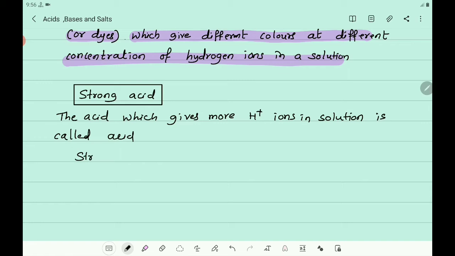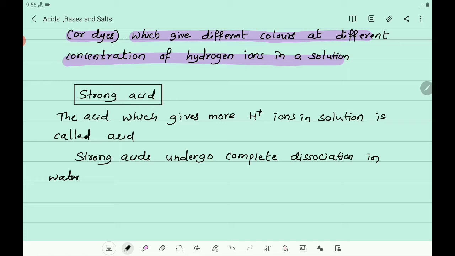So write: strong acids undergo complete dissociation in water, forming more H plus ions.